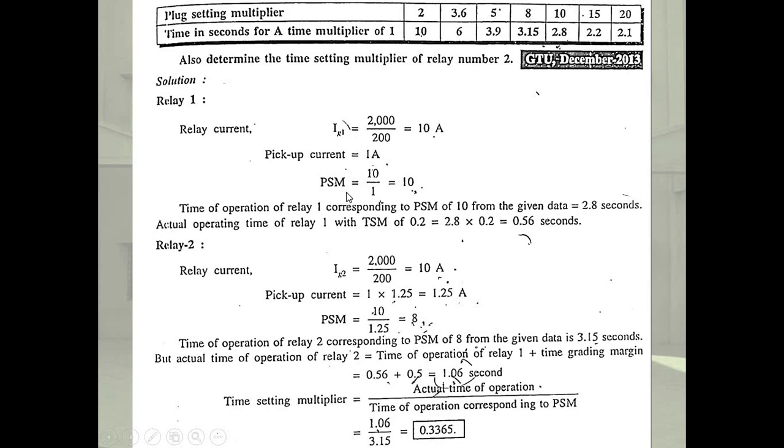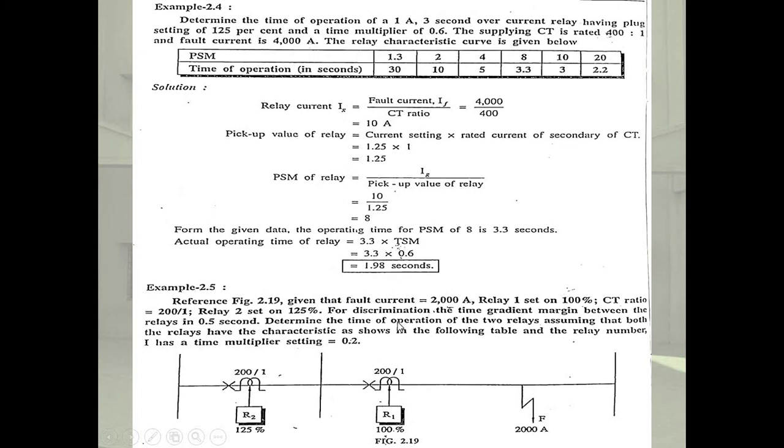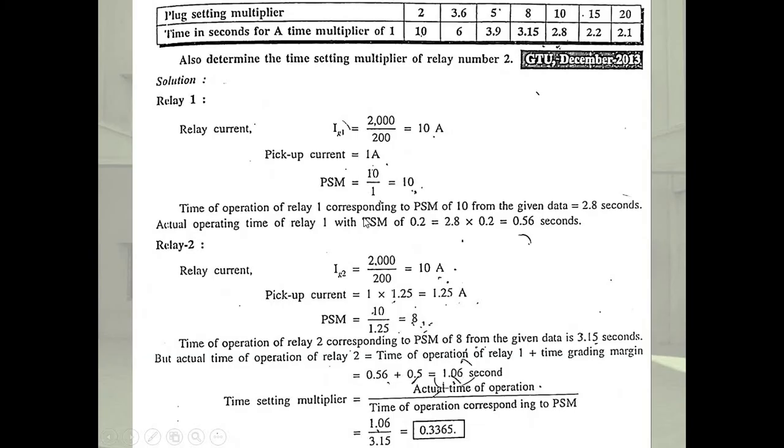PSM equals fault current in relay coil divided by pickup value of the relay. Fault current is 10 and pickup value is 1, so PSM equals 10.